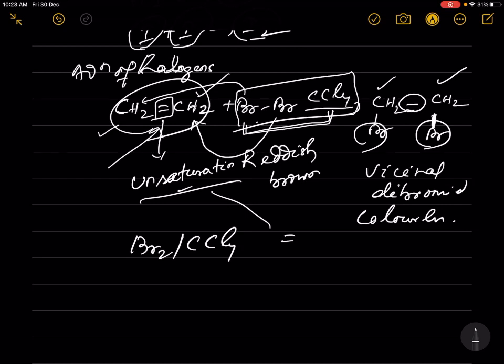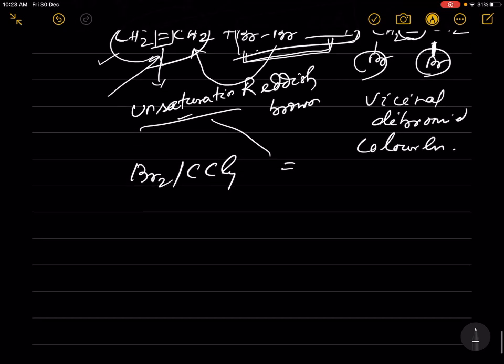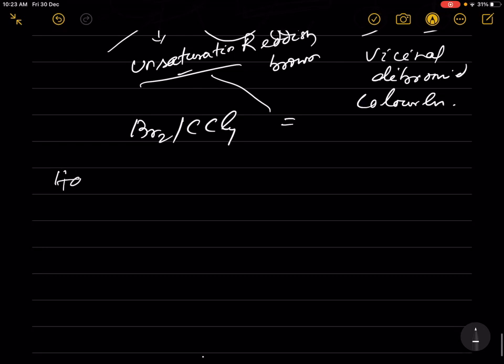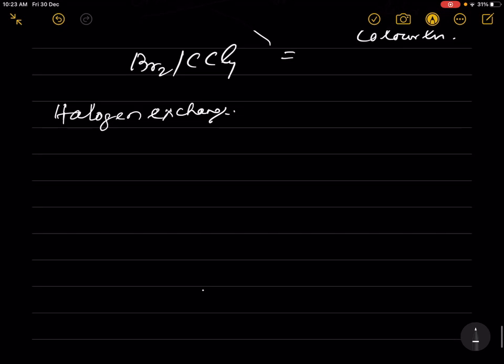Next, halogen exchange. Halogen means, you know, chlorine, bromine, iodine, fluorine. So you see RX, here X is chlorine or bromine. That is important. Here RX is alkyl chloride or alkyl bromide.